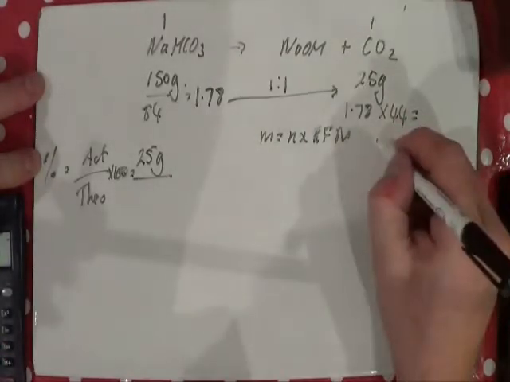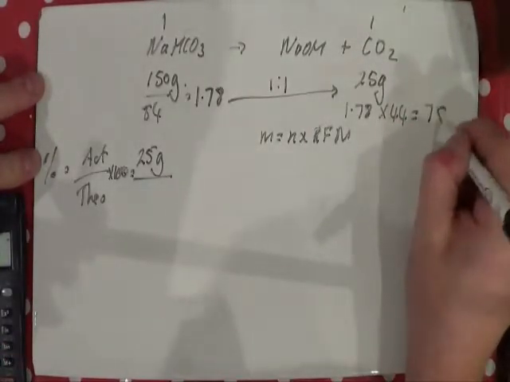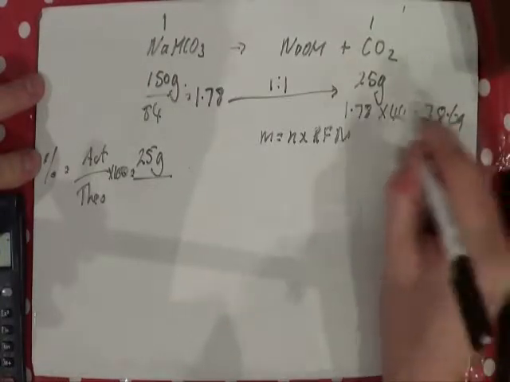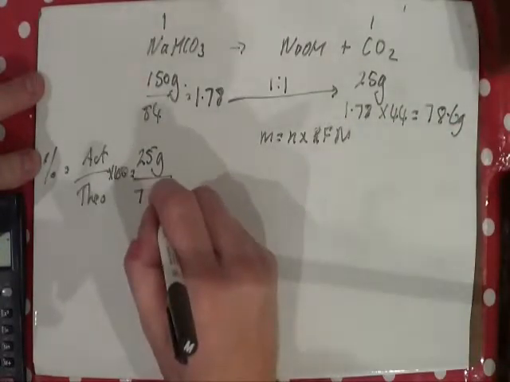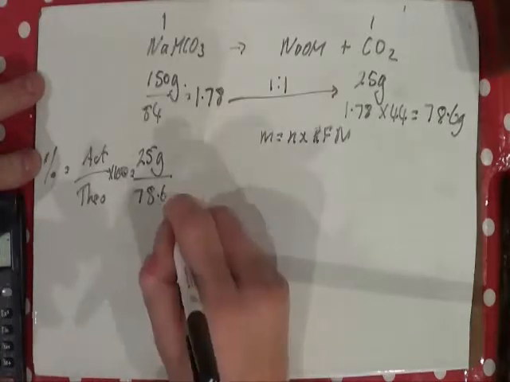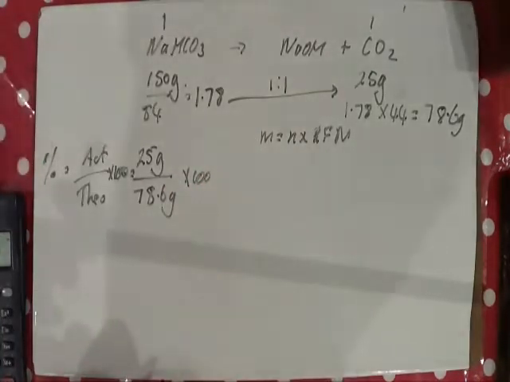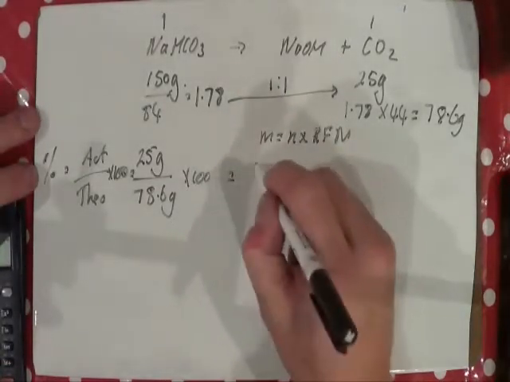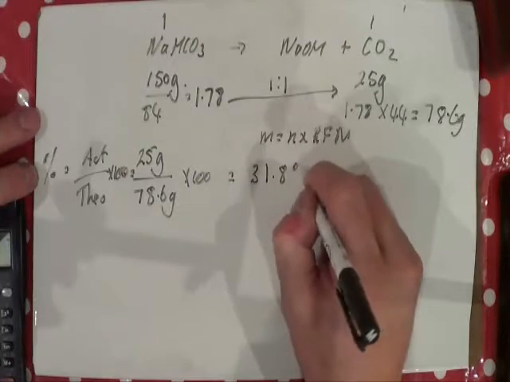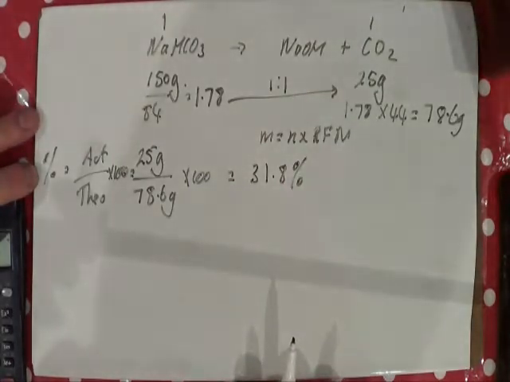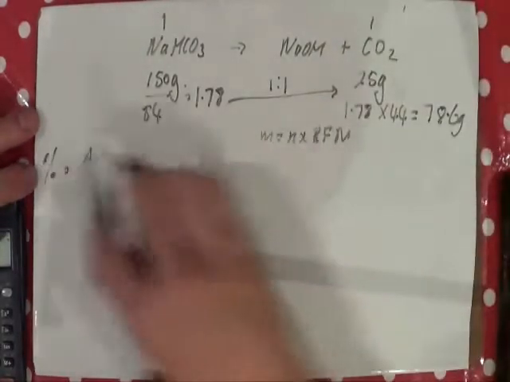So therefore we should in theory make 78.6 grams. We actually only made 25 grams of it. So 25 divided by the answer multiplied by 100 is 31.8%. Okay, so hopefully you're starting to cotton on to these.